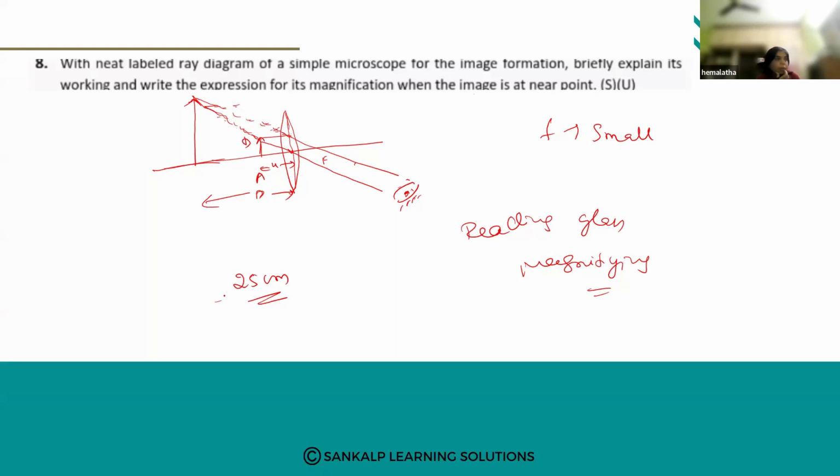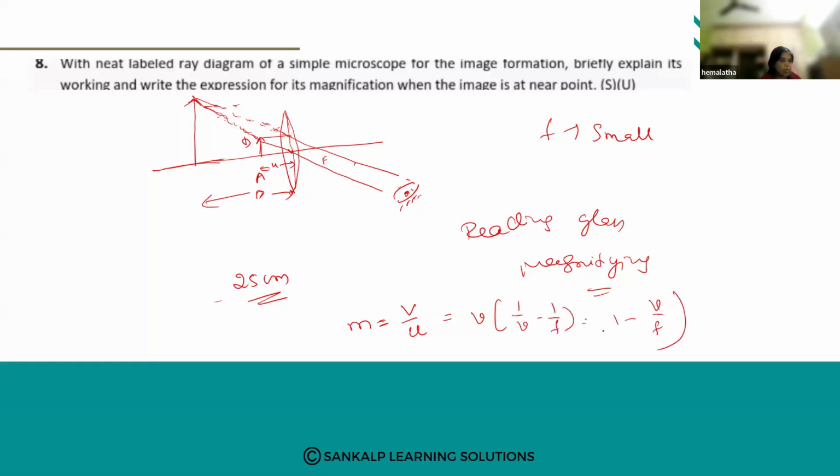Now the linear magnification is formed by this formula: m is equal to v by u. We have to calculate the linear magnification, and for a lens we always write it this way. So 1 by u is nothing but 1 by v minus 1 by f, that is equal to 1 minus v by f.